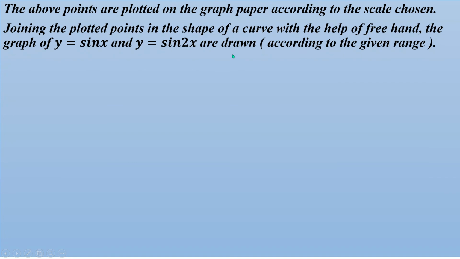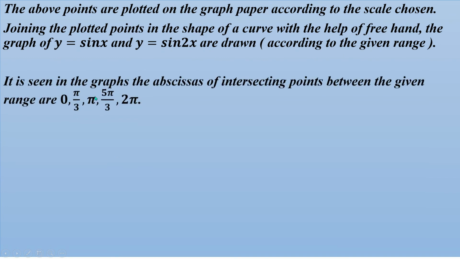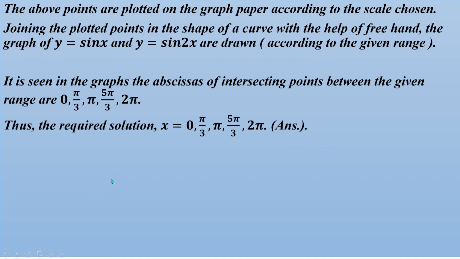The graphs are drawn and we will get the abscissa of the intersecting points. That means the abscissas of the intersecting points are these. Clear? I explained from the graph. Therefore the required solution is 0, pi by 3, pi, 5 pi by 3, 2 pi. This is the required answer.